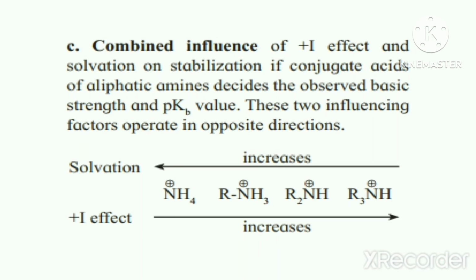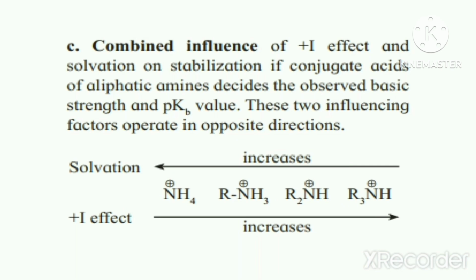Okay, then we will discuss the combined influence of positive inductive effect and solvation on stabilization of conjugate acid of aliphatic amine, which decides the observed basic strength and pKb values. These two influencing factors, which are those? Solvation and inductive effect.